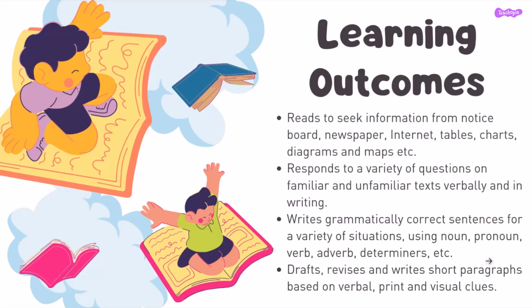The learner will be able to write grammatically correct sentences for a variety of situations using noun, pronoun, verb, adverb, etc. And the learner will be able to draft and revise short passages based on verbal, print, and visual clues. These learning objectives and outcomes are purely based upon the SCERT and NCERT books.